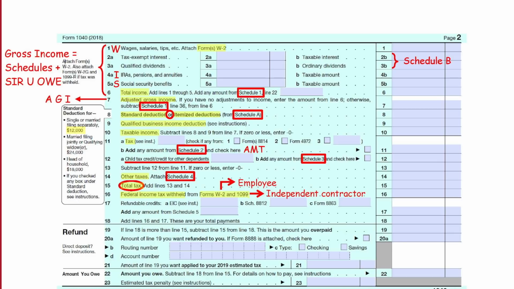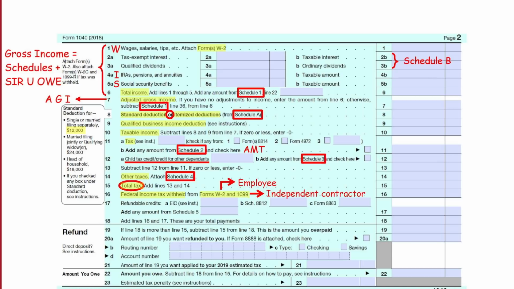So you have individuals who are employees, they're going to be getting Form W2 from their employers. Individuals who are independent contractors get Form 1099. And all their federal income tax withheld is here on line 16.